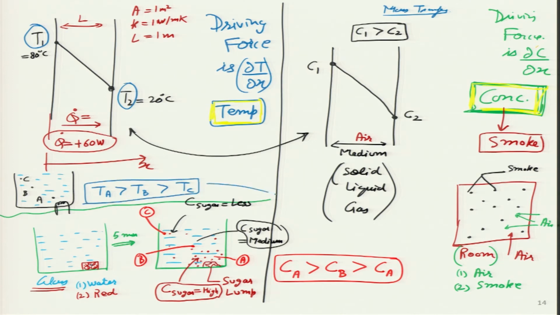Now we can clearly see there is a lot of analogy between conduction heat transfer and the diffusion of species. In this particular case, the left example, my species is sugar, not red, so it is water and sugar. The species is sugar, which is moving around in water, transporting, diffusing, that is the correct word. And in the example on the right-hand side, my species is smoke, which is diffusing in air.